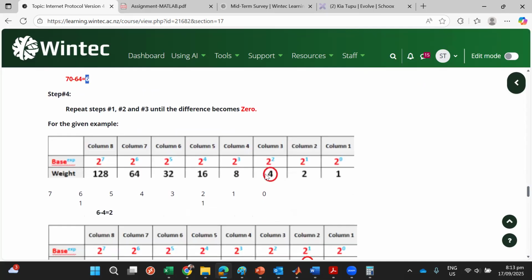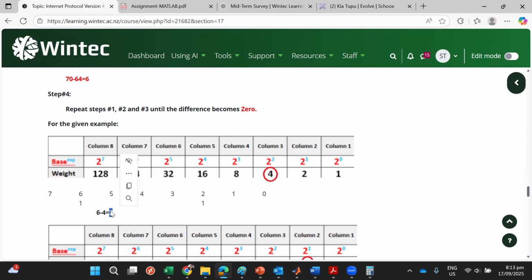Starting from 0, that second position I have placed with 1. So I have already got 4 of the remaining 6, and I am left with 2.